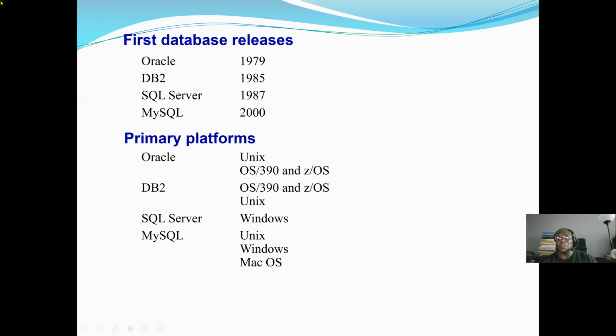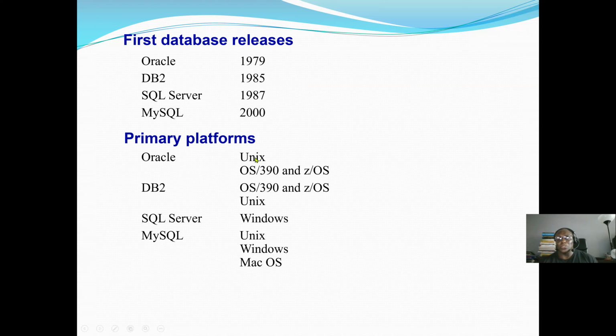The first relational database management system was released by Oracle in 1979. Then IBM released DB2, which is Database 2, in 1985. Then Microsoft released SQL Server in 1987. Then MySQL, a free open source database system, was released in 2000.